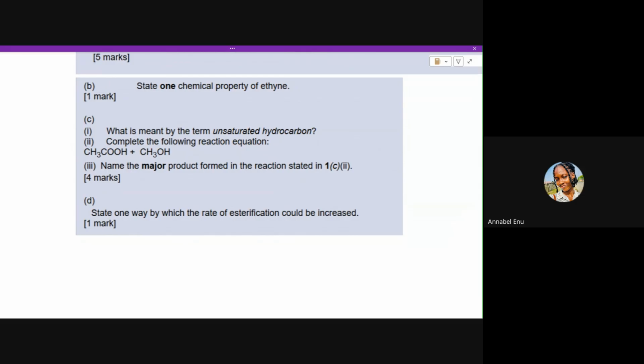Okay. So for ethine, when they say chemical property, remember in the last class, don't go mentioning its boiling point, its melting point, its smell, how it looks. No, these are not chemical properties. I told you what makes something a chemical property.